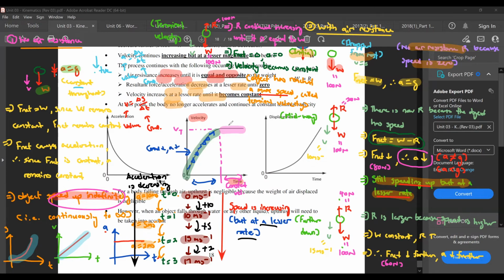And then over here the gradient is 0, acceleration is 0. Okay, so here gradient drops, acceleration is dropping, but you're still speeding up, just at a lesser rate. Okay, so this is what is actually happening in terms of the graph.